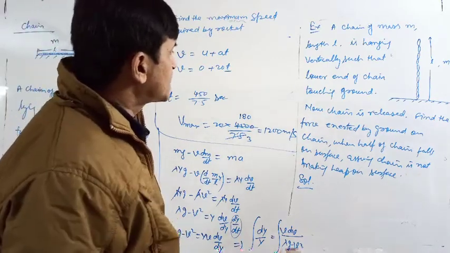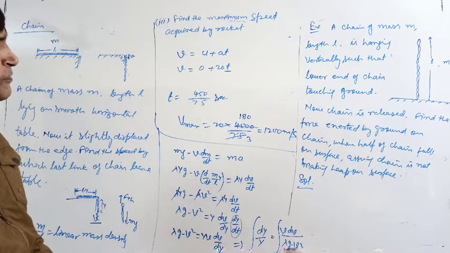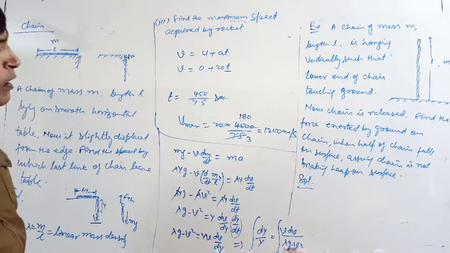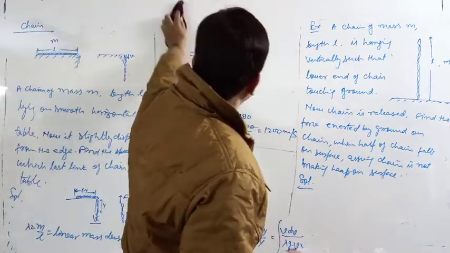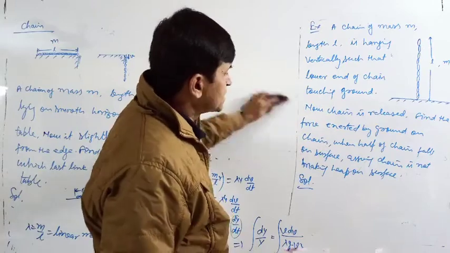Find the force exerted by the ground on the chain when half of the chain falls on the surface, assuming the chain is not making heat on the surface. See the meaning of this.